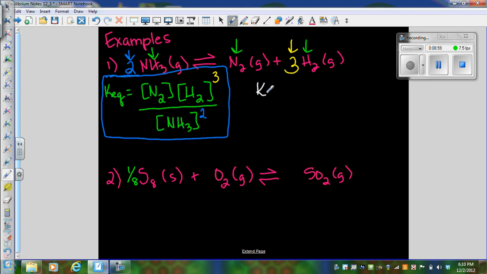So this is going to be the equilibrium constant for pressures, so it's going to be K sub P. This time I'm going to use P for pressure of nitrogen.